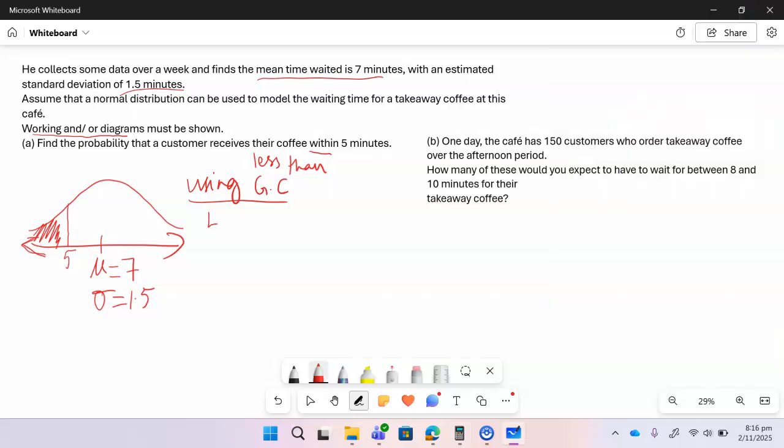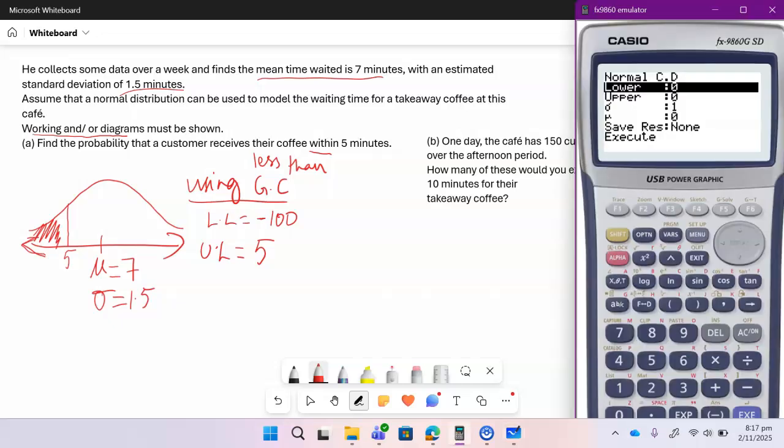In this situation, your lower limit would be a really large negative number. You could use negative 100, 1,000, or 10,000, depending on the range of numbers. The upper limit would be 5. Mean and standard deviation are as normal. So let's punch that in. I'll just go with negative 1,000.